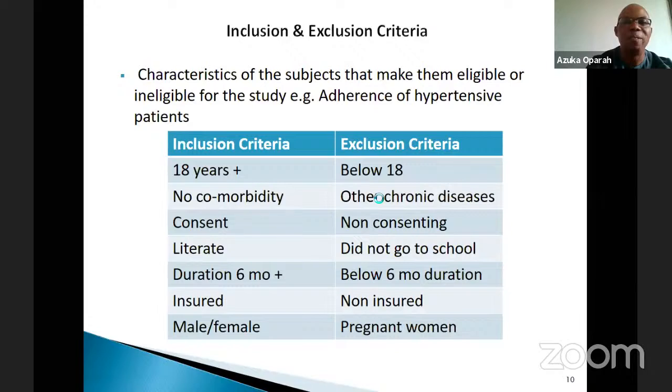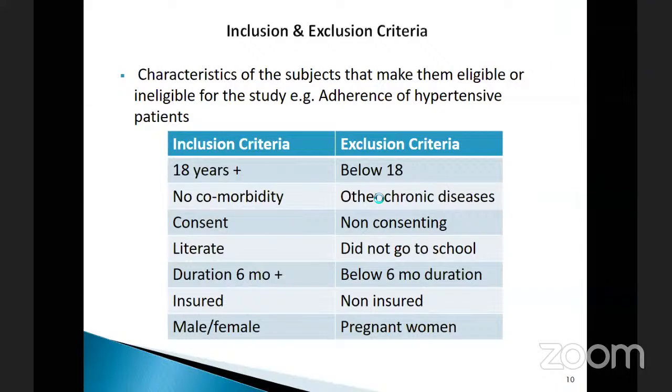Now, inclusion and exclusion criteria. Yes, after we have determined what to sample, of course, we know that we cannot sample everybody, so we have our inclusion and exclusion criteria. Inclusion criteria and exclusion criteria simply refer to characteristics of the subjects that make them eligible.